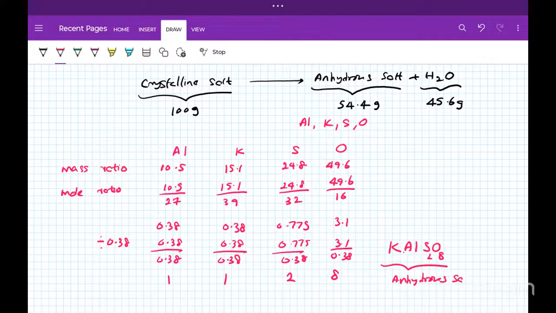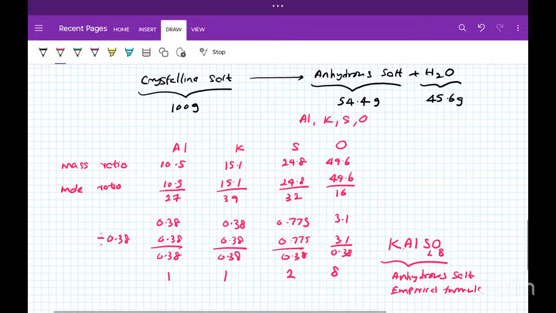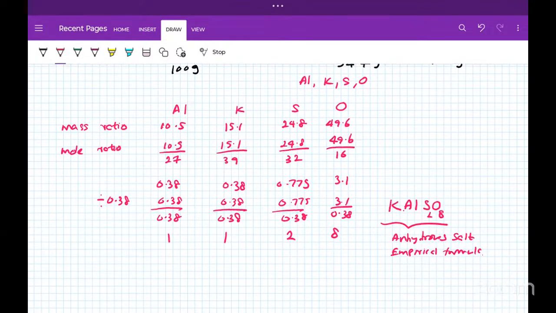Anhydrous salt empirical formula, right? Empirical formula. Now we can calculate the molecular mass of this empirical formula, right?